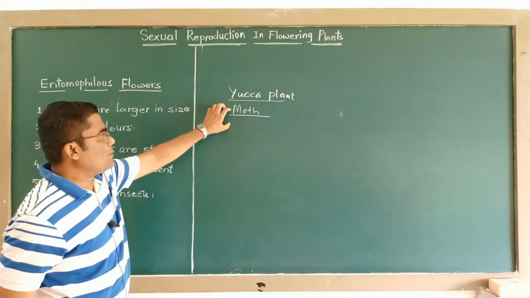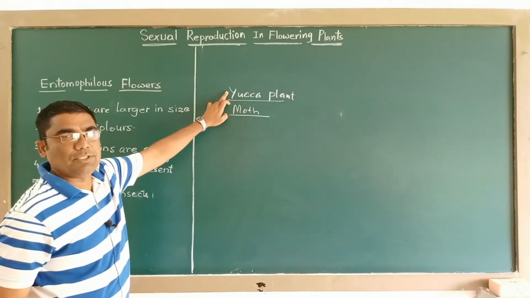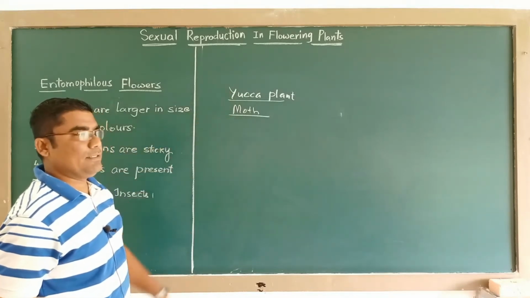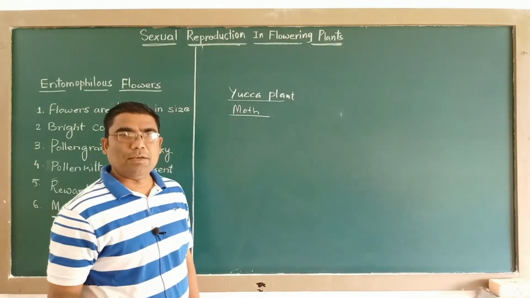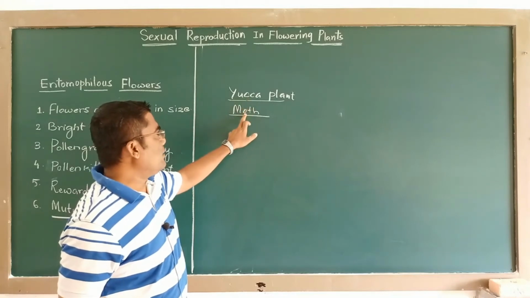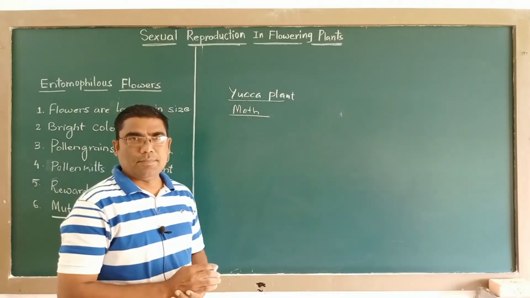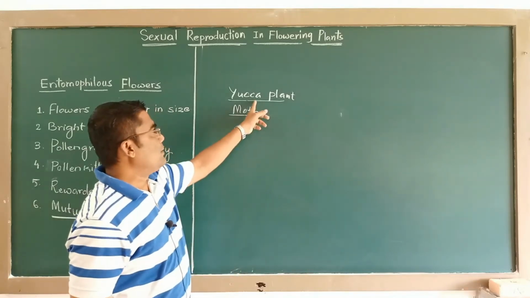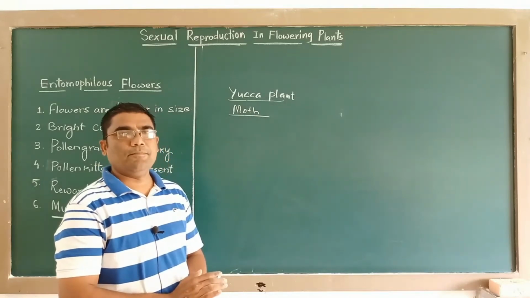Without the help of this moth, the yucca plant does not complete its pollination. And this moth is dependent on the yucca plant for laying eggs and the development of its larvae. In this way, yucca and the moth show mutualism, and through this mechanism they complete the process of entomophily.